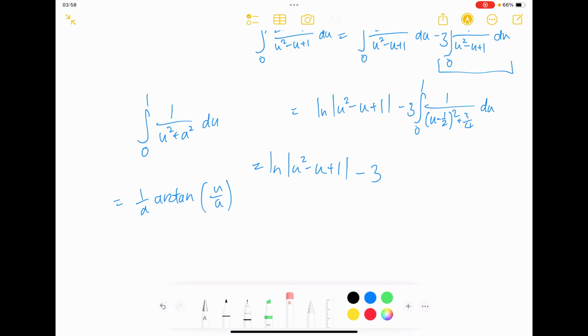If I square root this entire thing, hold up, my brain's not working. If I square root this, it's root 3 over 2, so I'll get 2 over root 3. Yeah, that's right. And then inverse tangent u over a, but I have this bit, so that'll stay there.